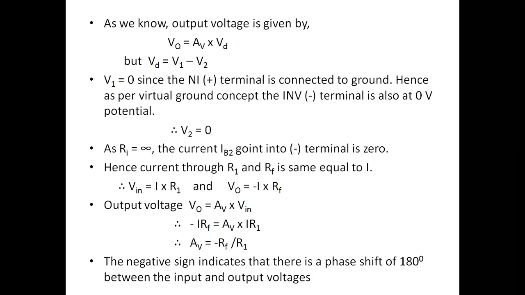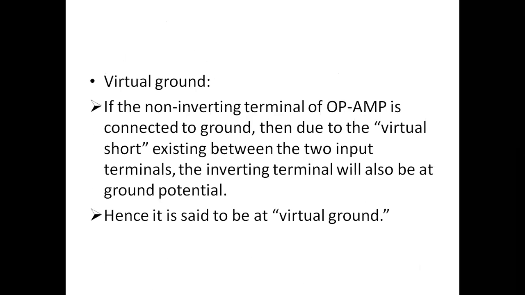According to the virtual ground concept, if either the inverting or the non-inverting terminal has 0, the other terminal will also have 0 voltage. We have seen this in the virtual ground concept.